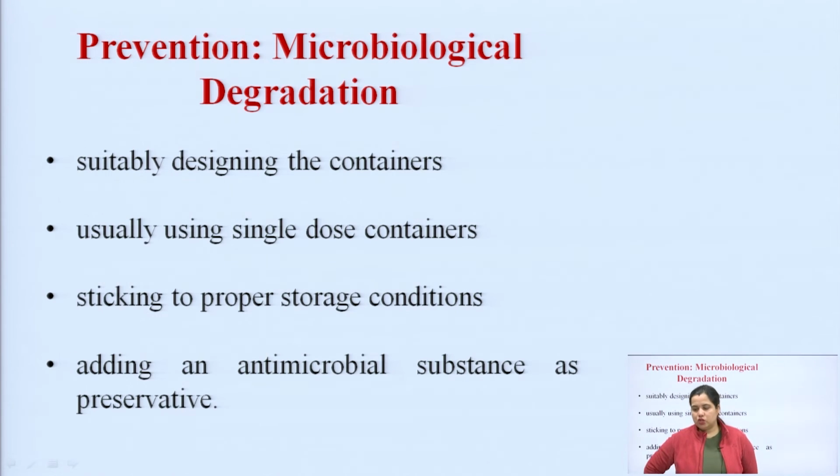Preventive measures for microbial degradation: suitably design the containers. When we prepare parenterals, water for injection and sterile water for injection can be used. But when we put the preparation into a container, if the container is not up to the mark, it may contaminate the whole preparation, which is then transferred to the patient's blood, where it will grow and cause chills and fevers and may harm the patient.